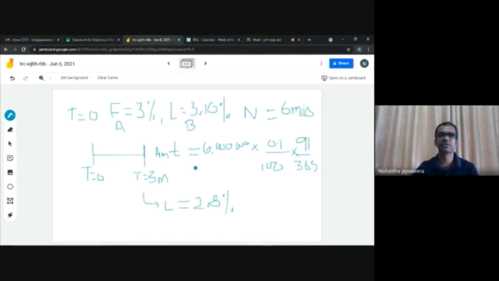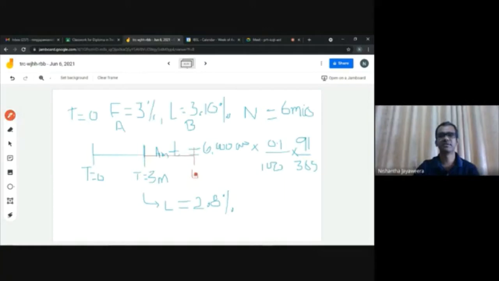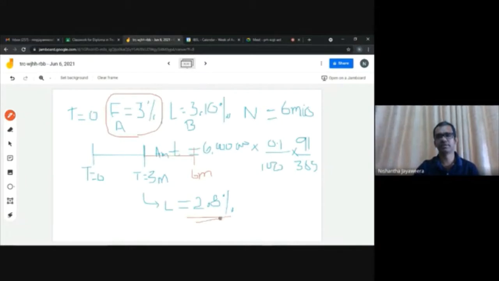After another 3-month period, party A agrees to pay 3%, party B agrees to pay LIBOR, which is only 2.8%. So party A will make a payment to party B, which is equivalent to 6 million into 0.2 divided by 100 into 91 or 90 divided by 365. This number depends on the number of days.